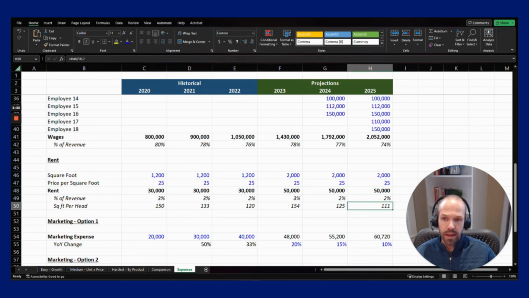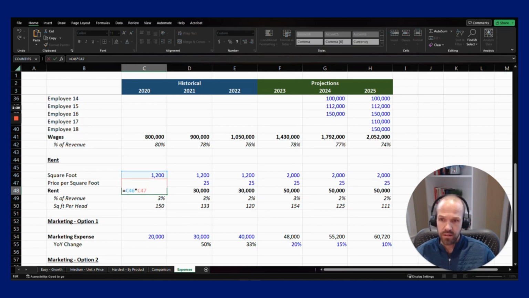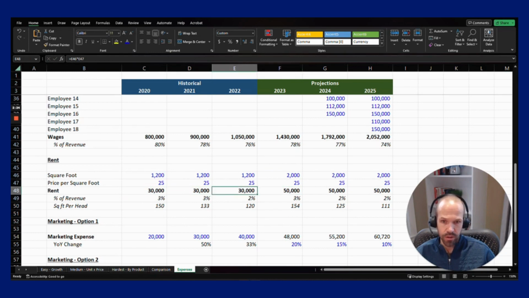And basically the math is very simple. It's the number of square foot times the price per square foot, and that gives you 30,000 per year for the historical periods, and 50,000 per year going forward. And then I like to again check that the math makes sense.